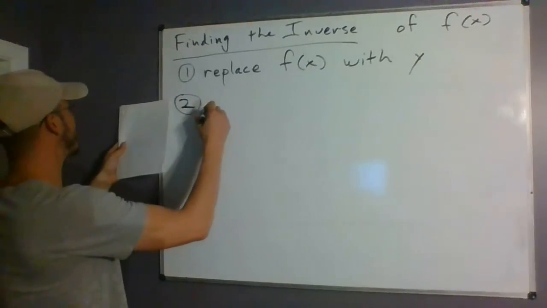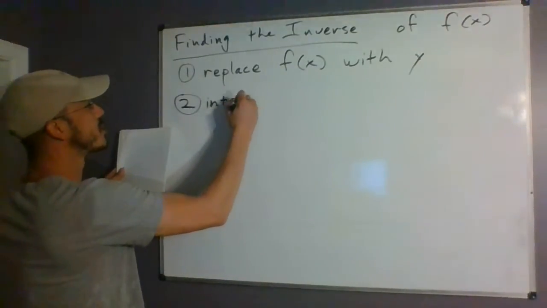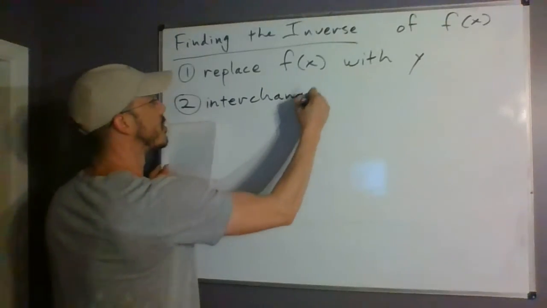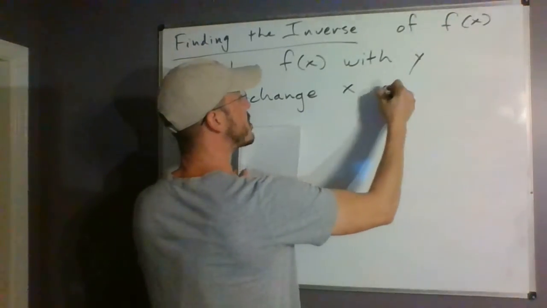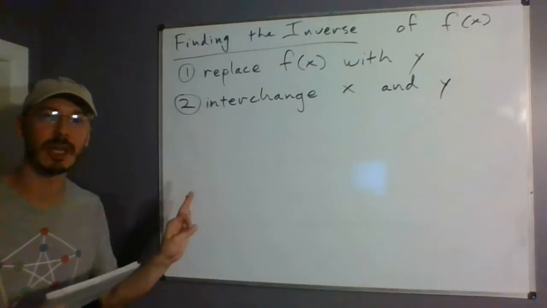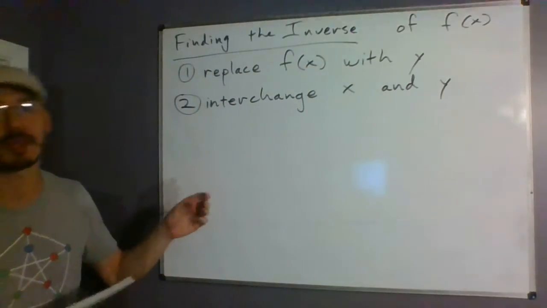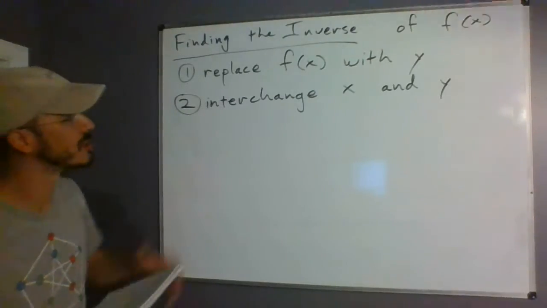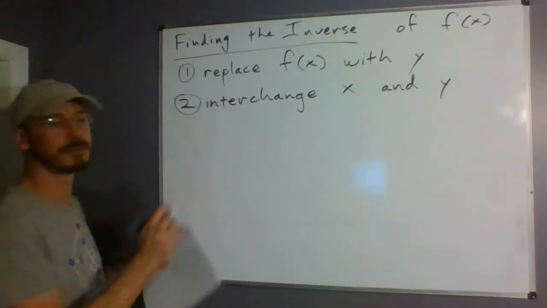The second step is to interchange x and y. What that means is anywhere there's an x, I'm going to make it a y, and anywhere there's a y, I'm going to make it an x. Interchange. Swap or switch.